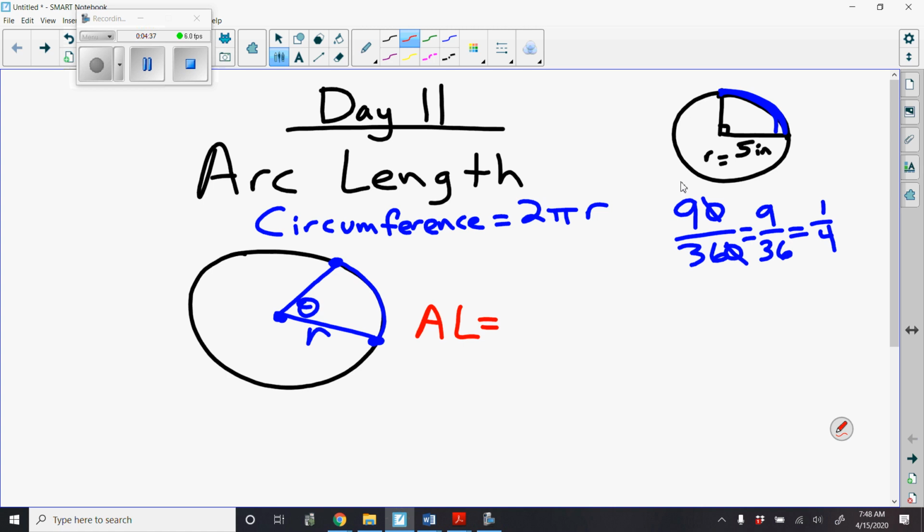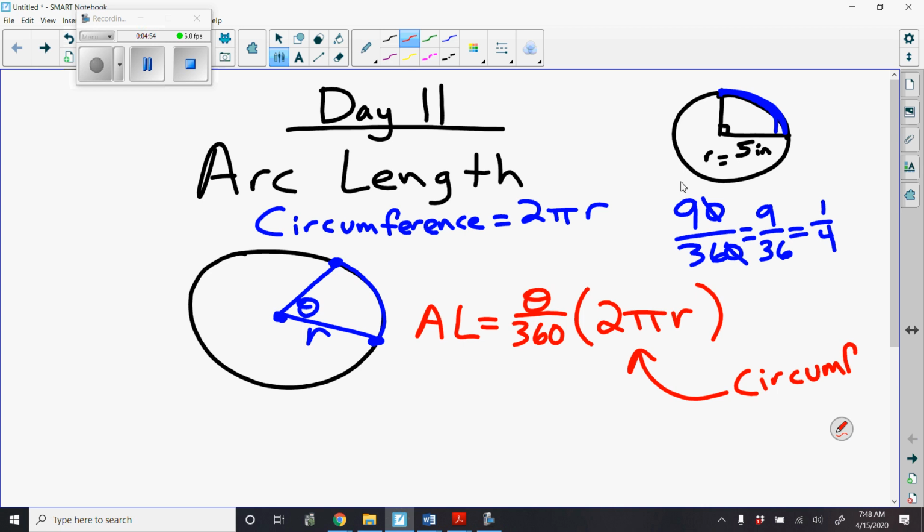Arc length equals theta over 360 times 2 pi r. Again, this 2 pi r here is simply the circumference. This theta over 360 is the fraction of the circle we have.